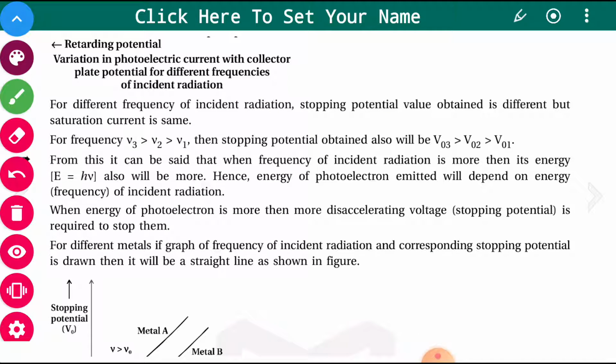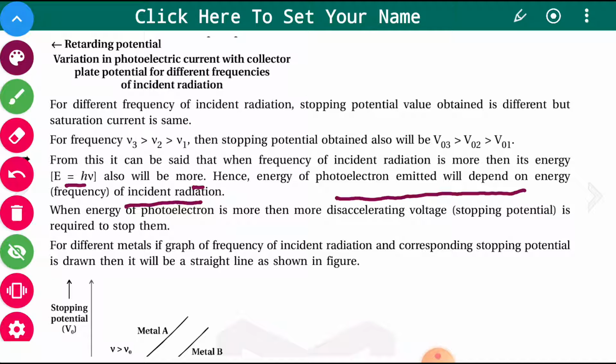From this it can be said that when the frequency of incident radiation is more, then the energy, that is E equal to h nu, will also be more. Hence the energy of the photoelectron emitted will depend on the energy of the incident radiation.